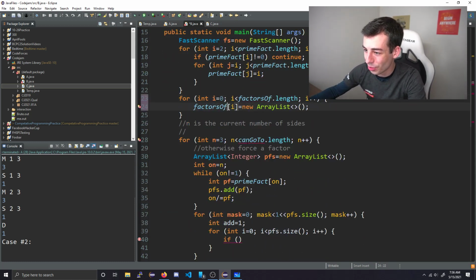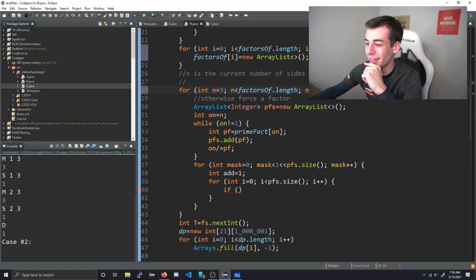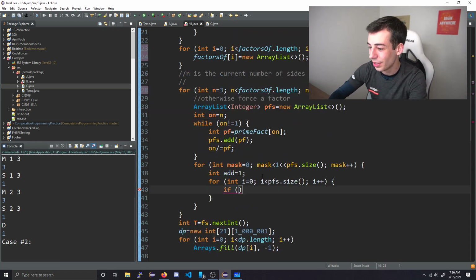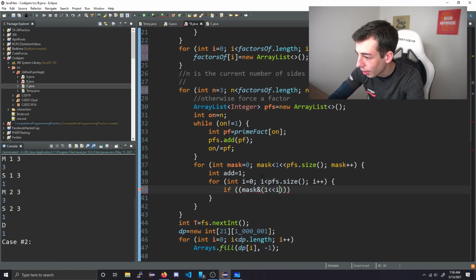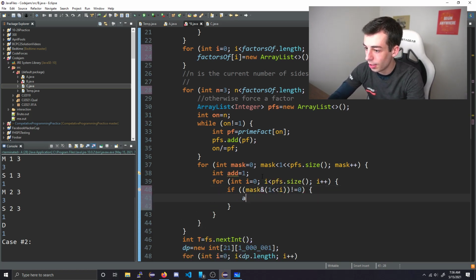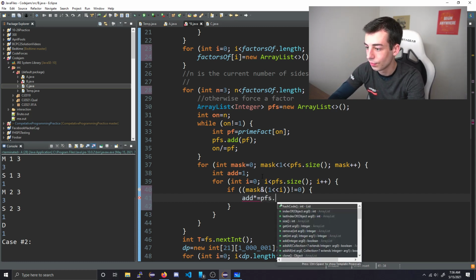All right, one more time. Okay, so if mask and 1 shifted by i is not equal to 0, then add times equals pfs.get(i).